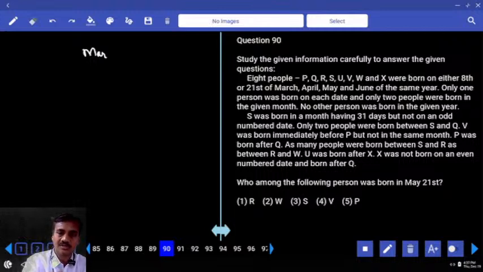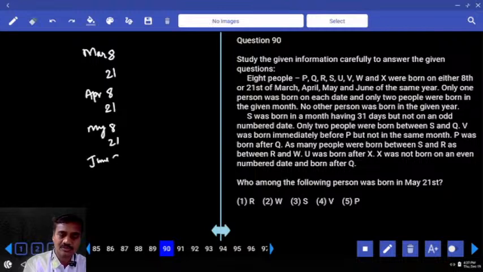Then March, and what are the 2 different dates we have? 8th and 21st. March, April, May and June. March, then April 8, April 21. And May, May 8 and May 21st. June 8th and June 21st. Clear? Now these are the things we have.